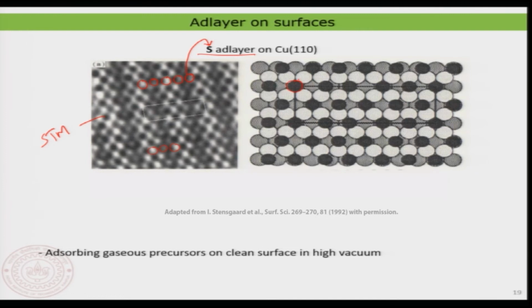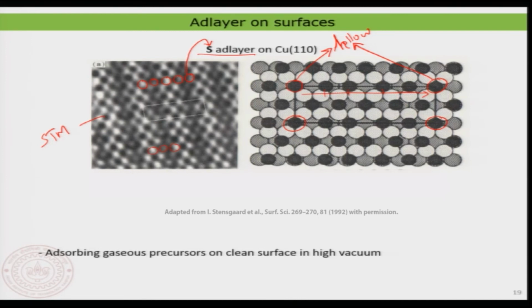You can see here this corner sulfur atom is occupying the hollow site, but then about 8 atoms further along this direction, if you count, after the 8th atom, this is again occupying the same site. These atoms are occupying the same hollow site, but the atoms in between are not occupying the same site, and that is the reason why they appear different.